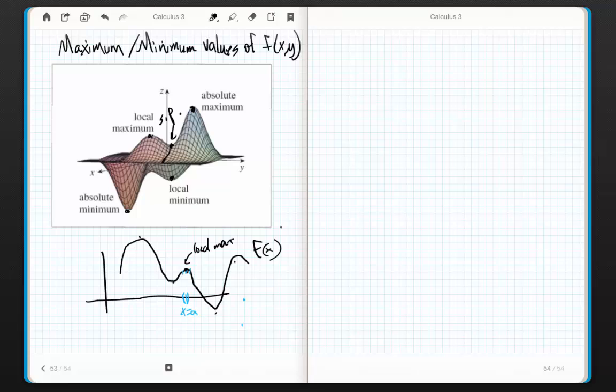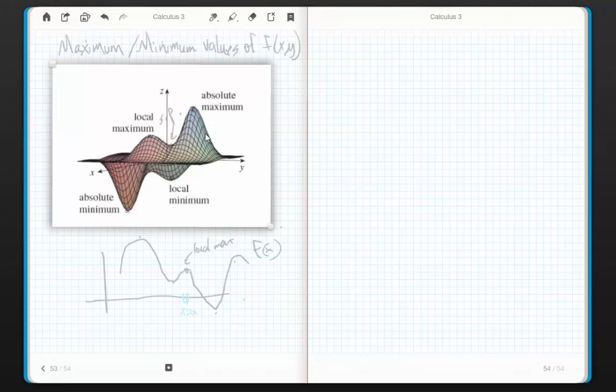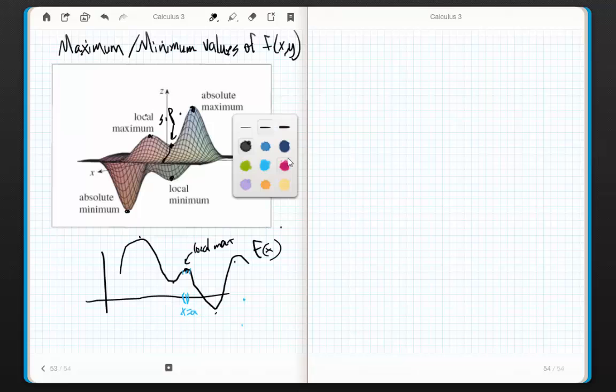But wait, there's more. If I follow this guy, then it appears to be a min. Exactly. Saddle points behave as maxes and mins in different planes. And that's why they're saddle points. That's why they make that saddle.